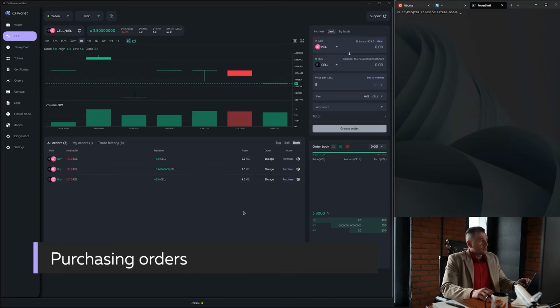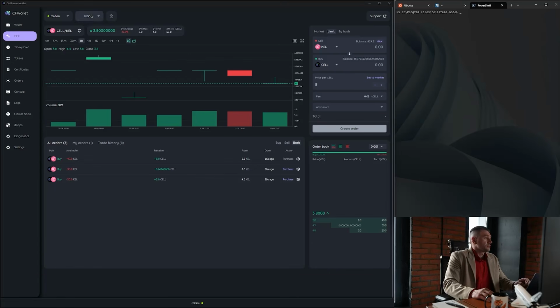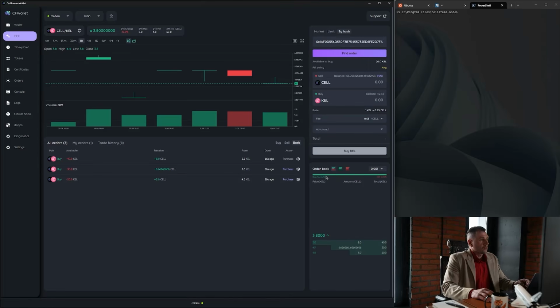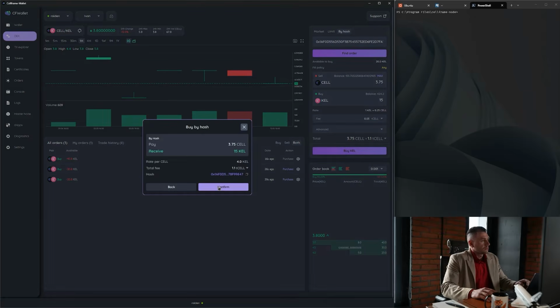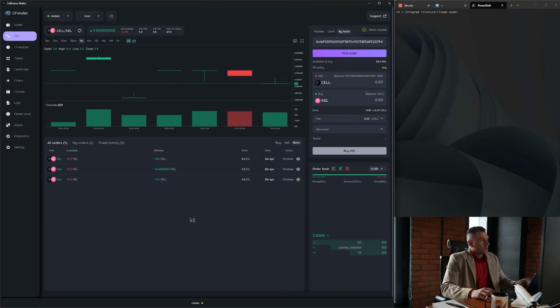So now let's proceed with purchases. Now let Ivan purchase Alice's order. Let's start with partial purchase. Here are 20.0 Kel available, but we will buy 15, right? And let's check this transaction.